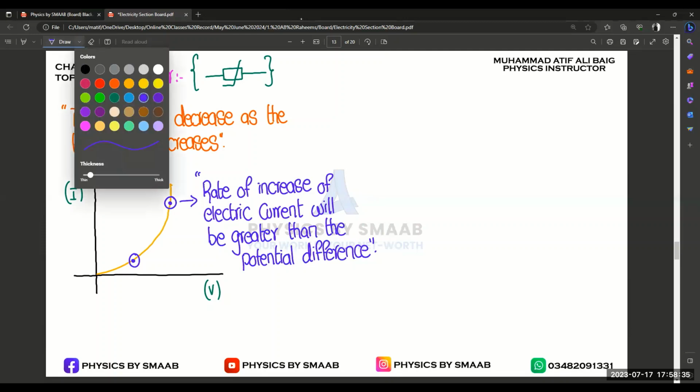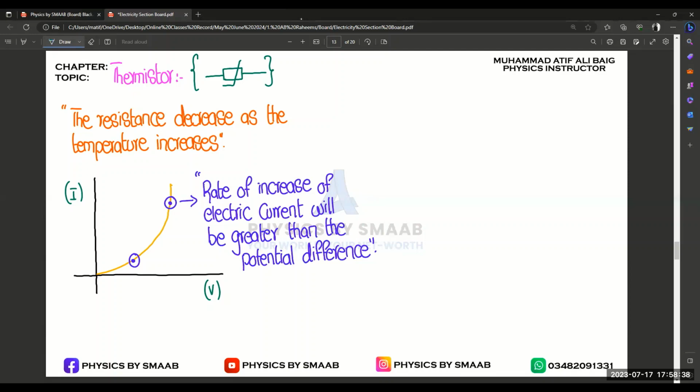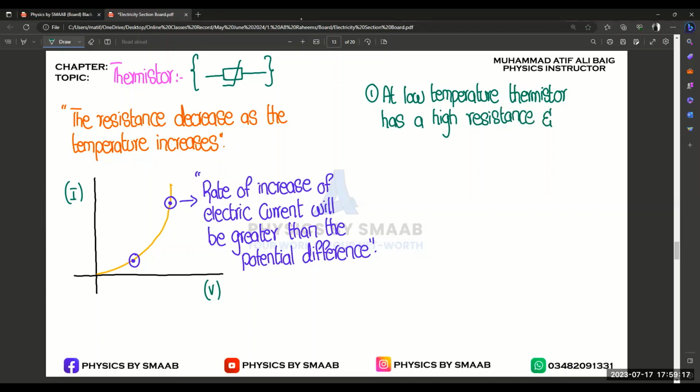So two more things for the thermistor only, then we will end this topic. The first thing is that at low temperature, a thermistor has a high resistance and little current can flow through it.